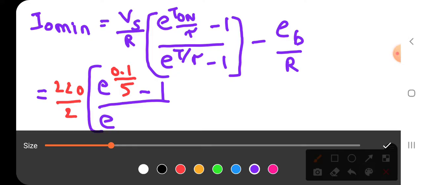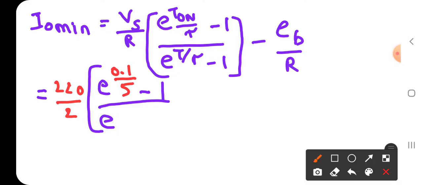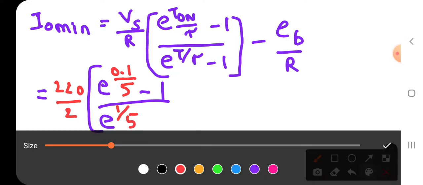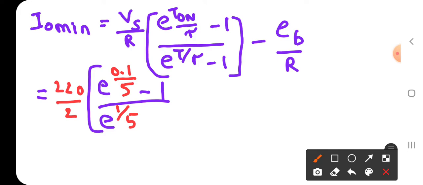This will be e power 1 by 5 minus 1, minus 6 by 2.